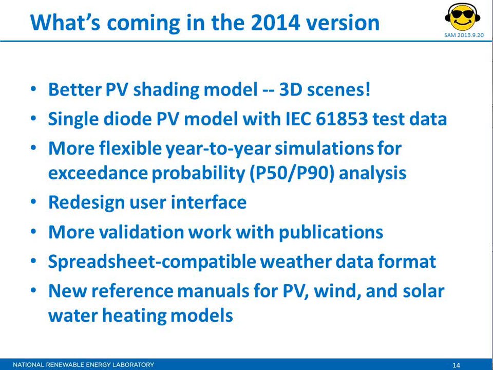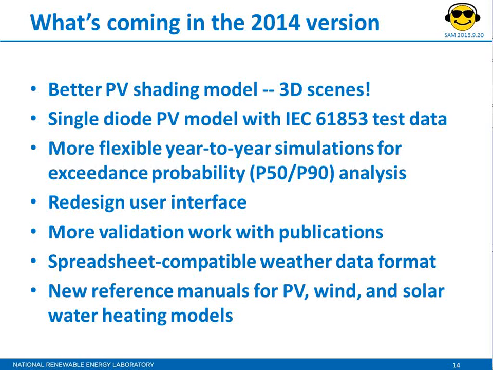We're going to enhance the PV module model so that it will work with the new IEC 61853 test data, for you PV geeks out there. And for the statistics geeks out there, we're going to improve the exceedance probability capability in SAM to make it a little bit more flexible.